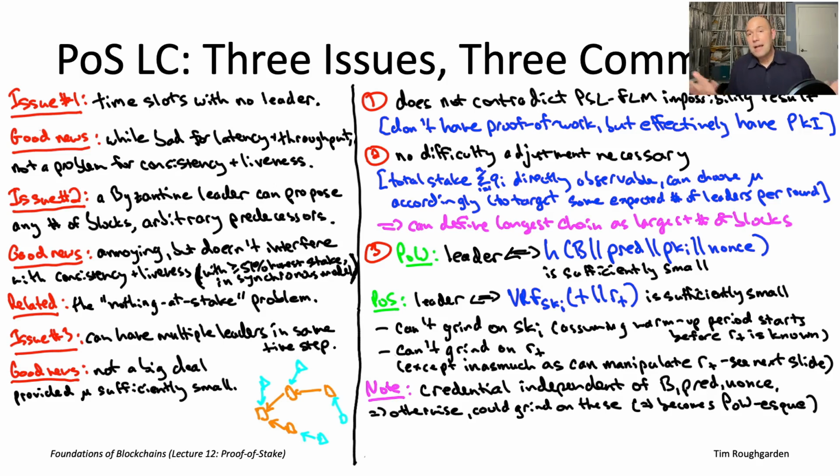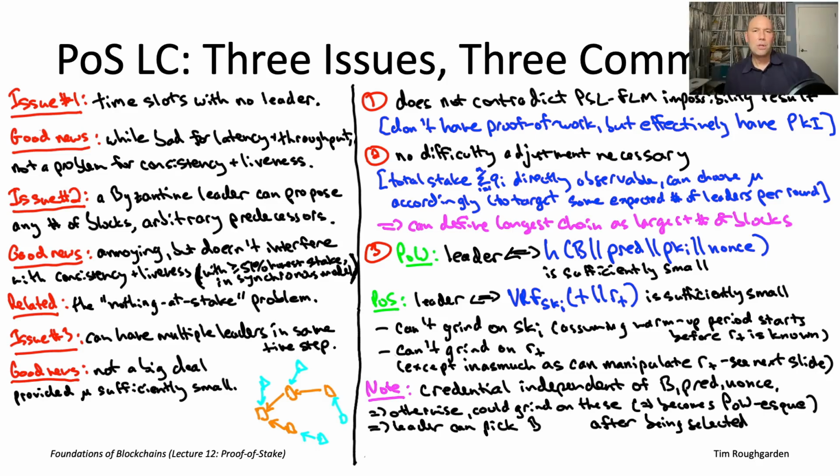Propose multiple blocks and send, for example, conflicting blocks to different honest nodes. So the fact that Byzantine nodes are more powerful in the proof of stake design than in the proof of work design, that's exactly stemming from the fact that we've been forced to remove the block from the input. The second complication is going to concern interactions with the seed R sub t when that seed is chosen pseudo-randomly. So we'll talk more about that in the next video.